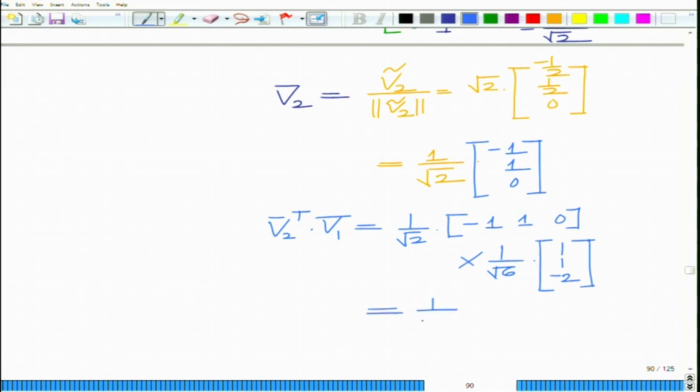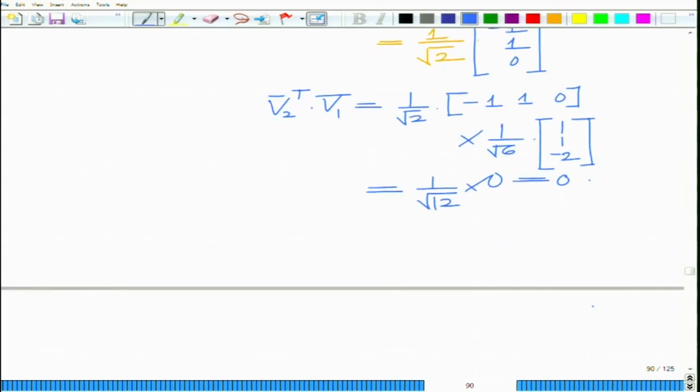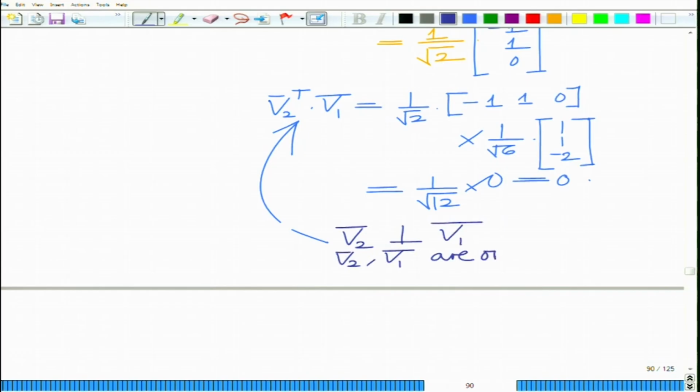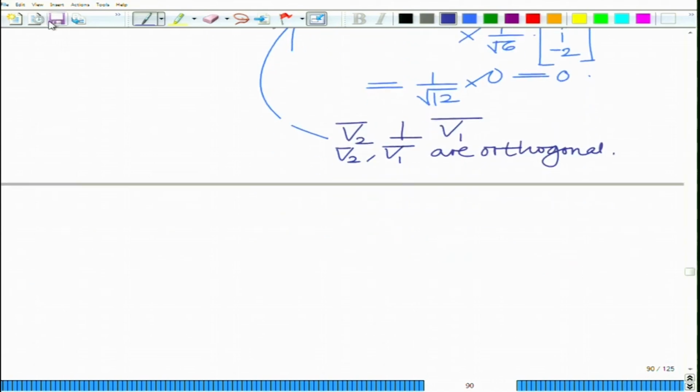So, 1 over square root of 12 times 0, so this is 0. This implies these are orthogonal, that is V2 bar is perpendicular to V1 bar. So, that completes your step 2.